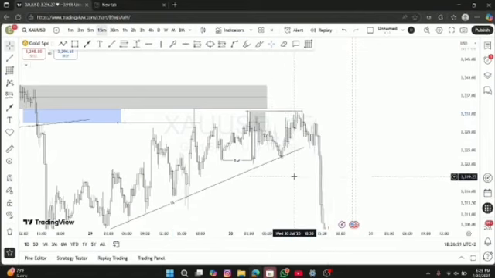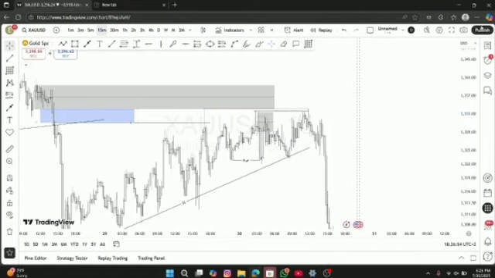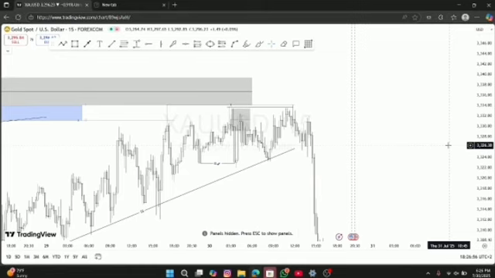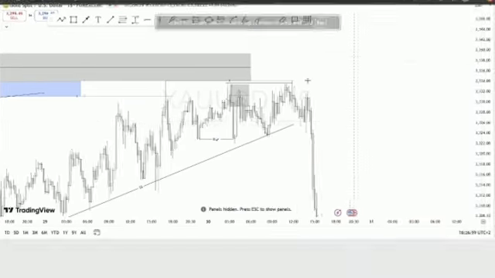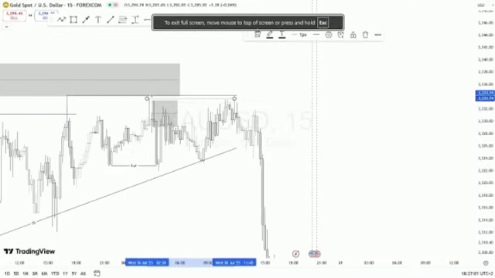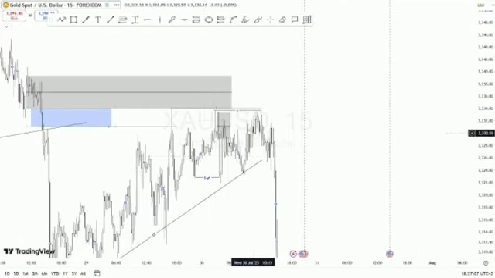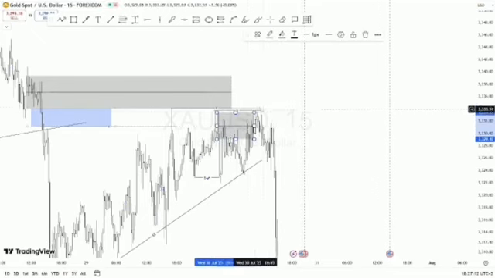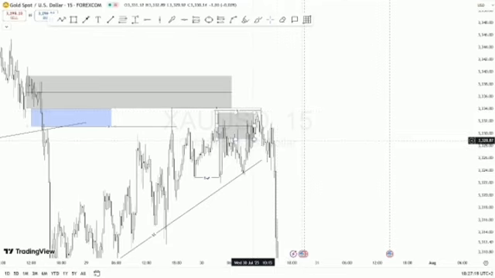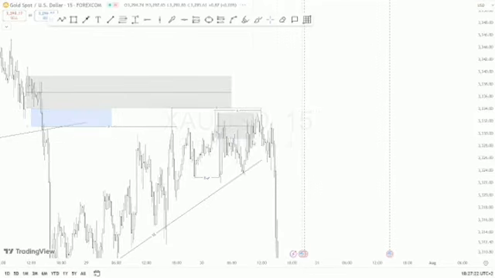So we had these two zones. This is where I strongly took a sell because we got a sell signal, an actual rejection. And after that rejection, I moved on to the 5 minutes where I took my entry.